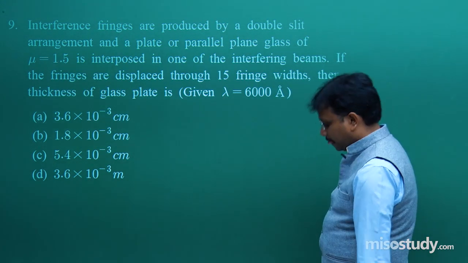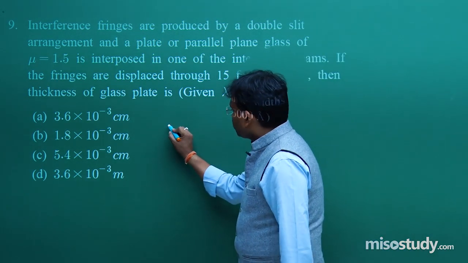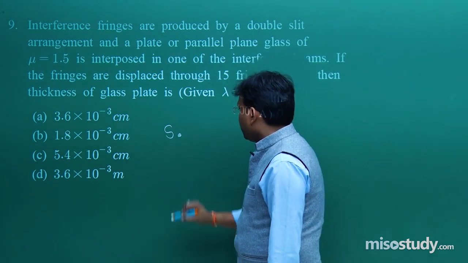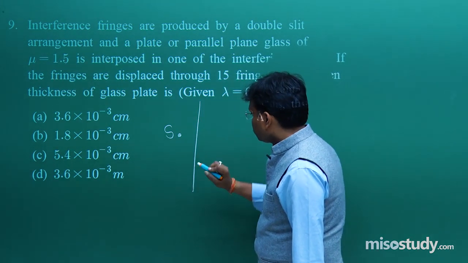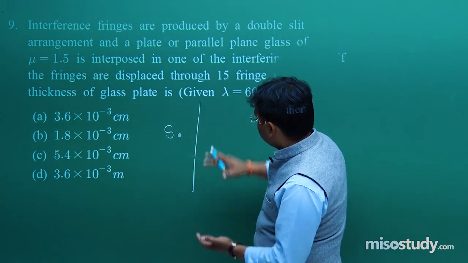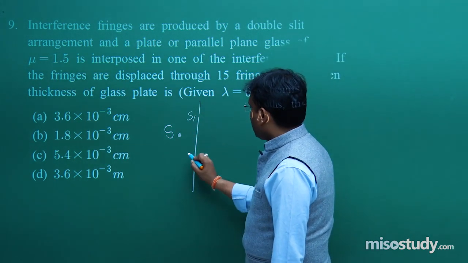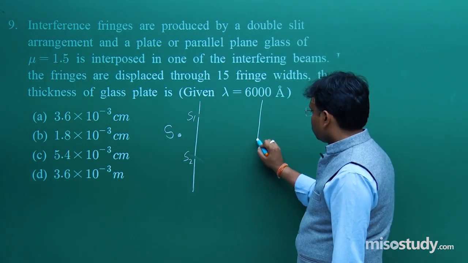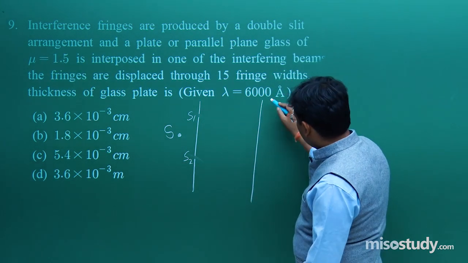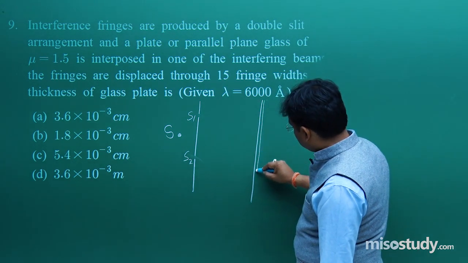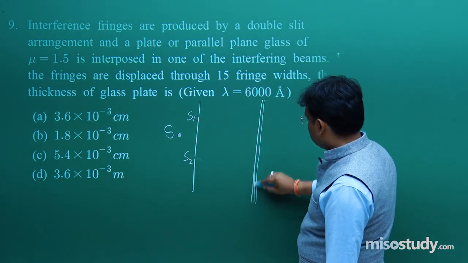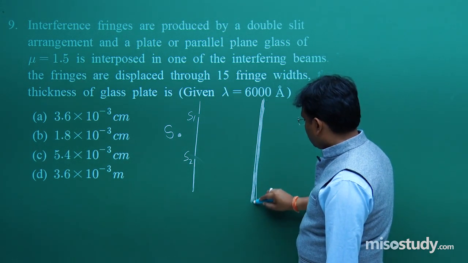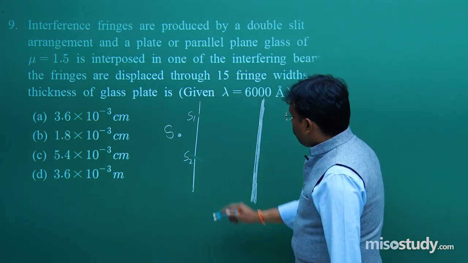Actually the problem is, let me show you once again. This is the first source. After that these are S1 and S2, two slits. Now this is the screen.